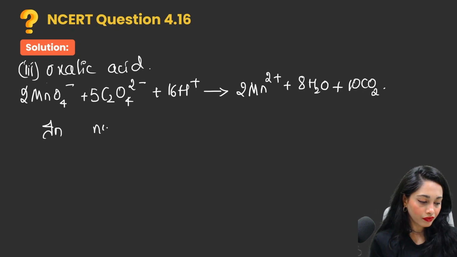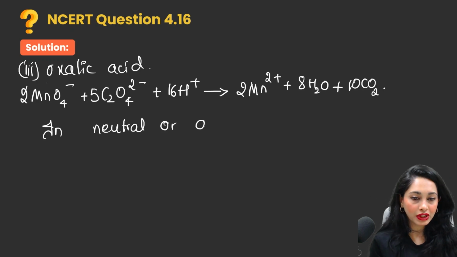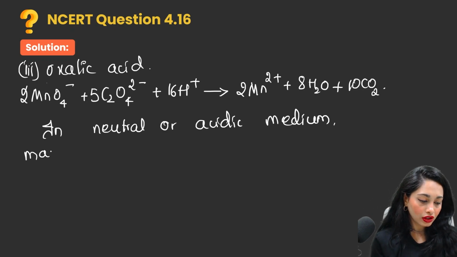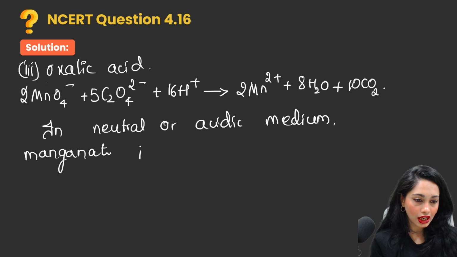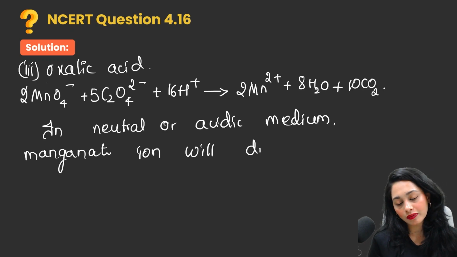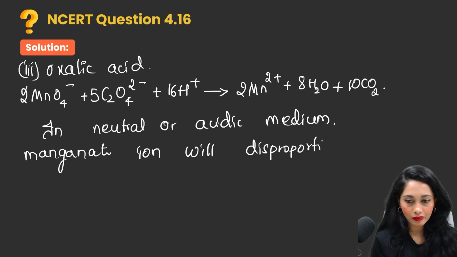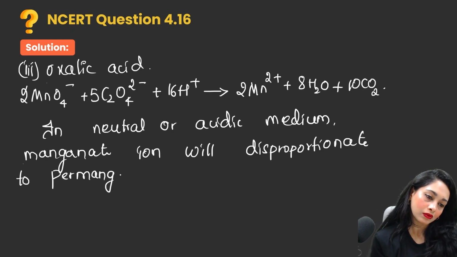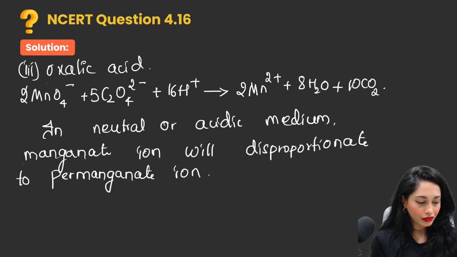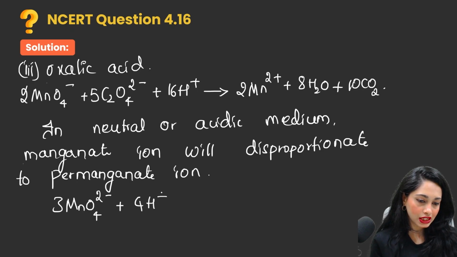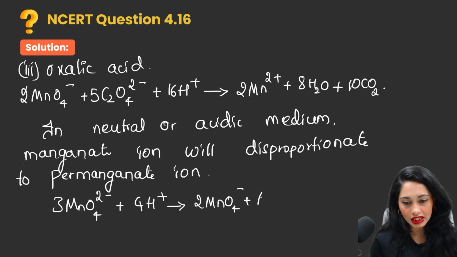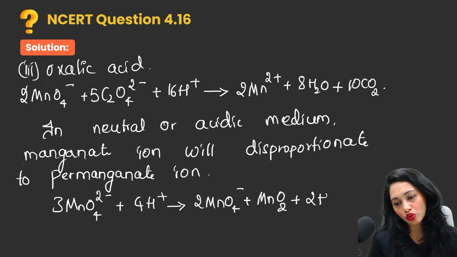In neutral or acidic medium, manganate ion will disproportionate to permanganate ion. 3MnO4 2 minus plus 4H plus gives 2MnO4 minus, this is permanganate, plus MnO2, manganese dioxide, plus 2H2O.